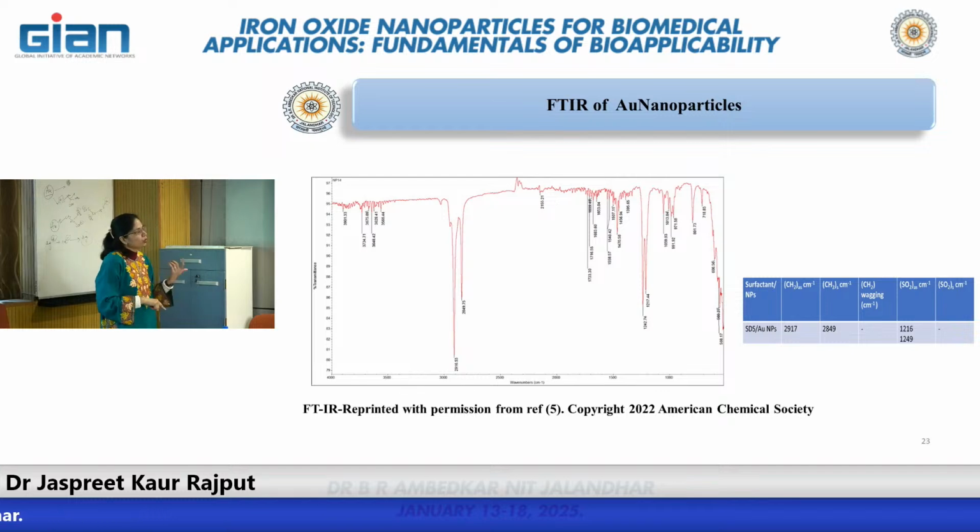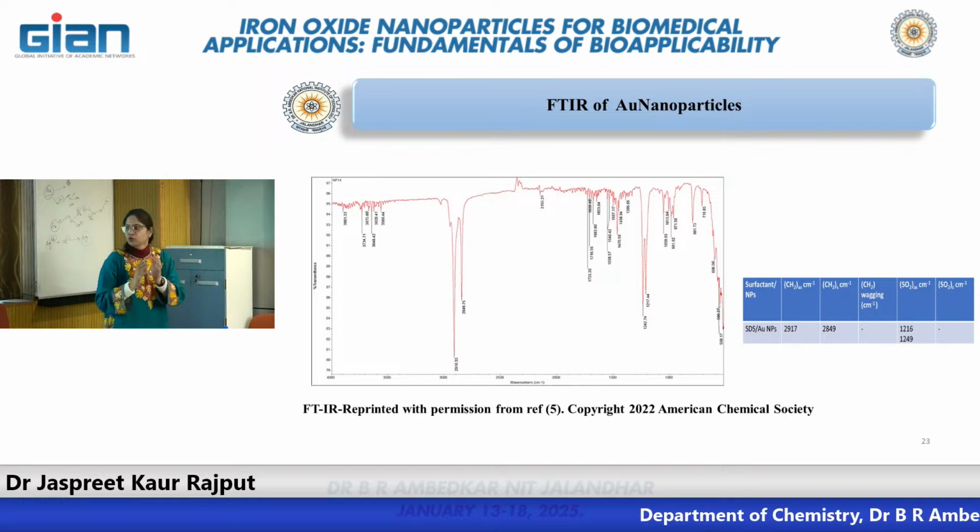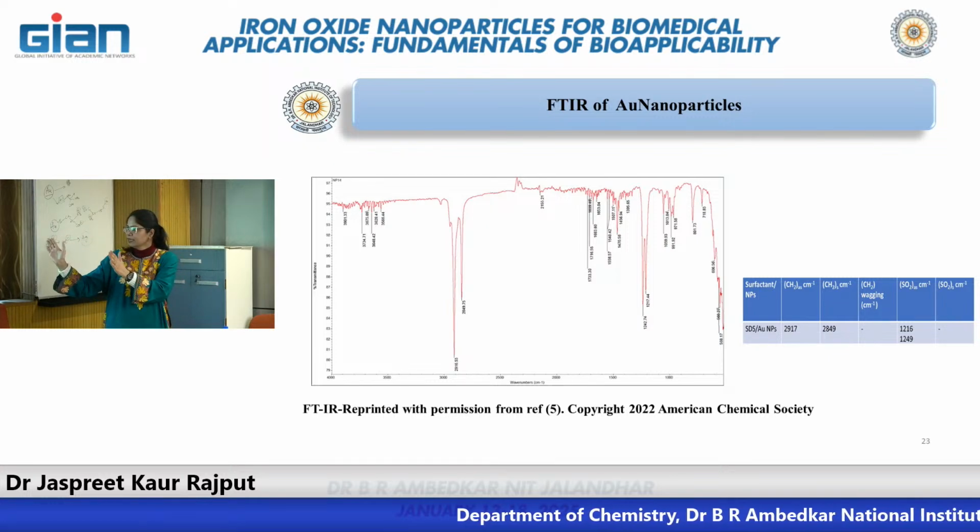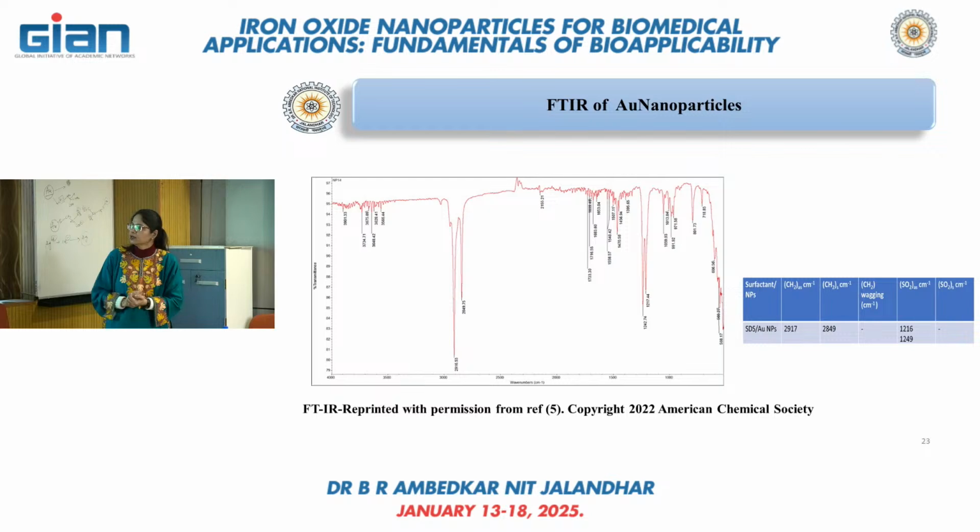If it is purely a metal oxide or metal, you will not have any peaks or bands in this area from 2000 to 3000, right? It will be below 1000 if it is a metal oxide or metal. But in this case, all these peaks are because of the surface coating with the organic moiety. You have sodium dodecyl sulfate.